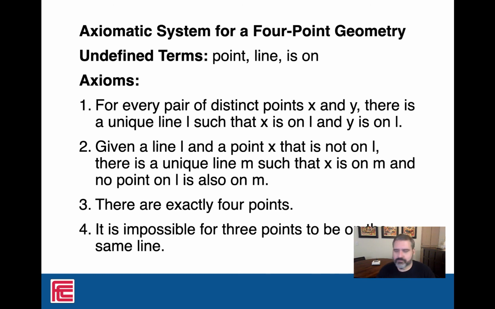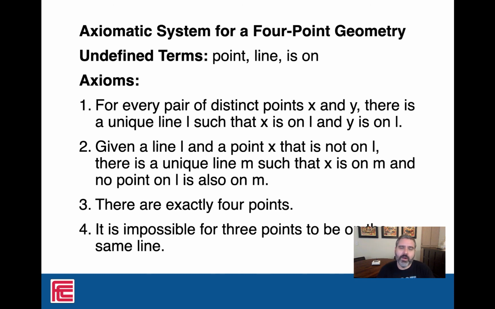But there's a point. There's also a line. There's also this term "is on." These are undefined terms. They will be defined as we create the axioms, the definitions, and the theorems. You'll get a sense of what those things are. But for right now, we just have to accept them as given.